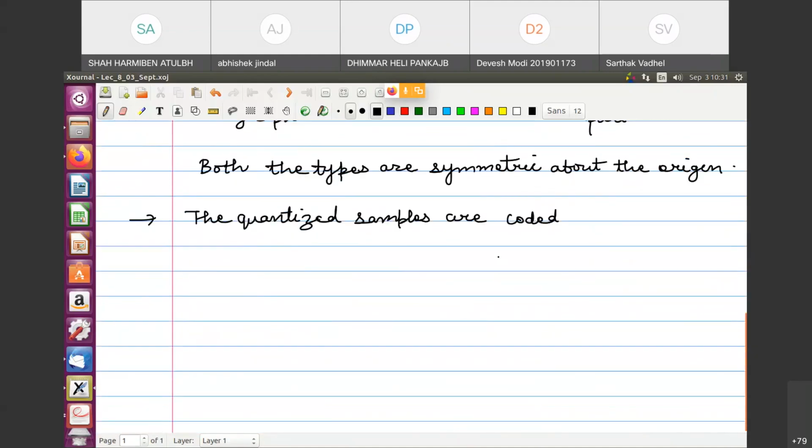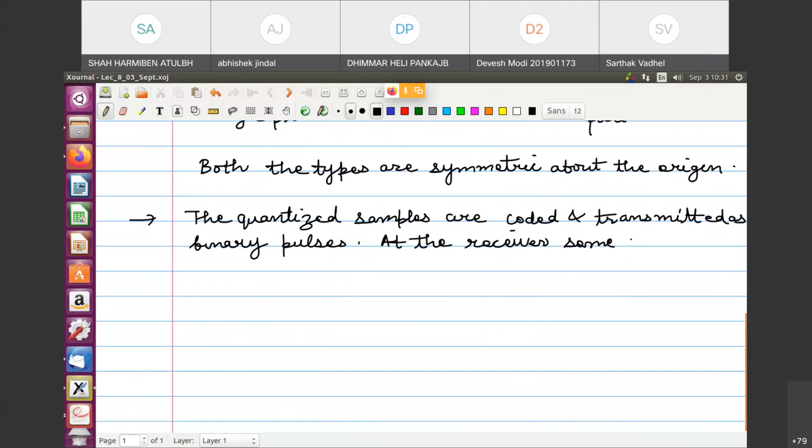Now let us move ahead. The samples are coded and transmitted as binary pulses. Binary pulses means 0 1 0 1.